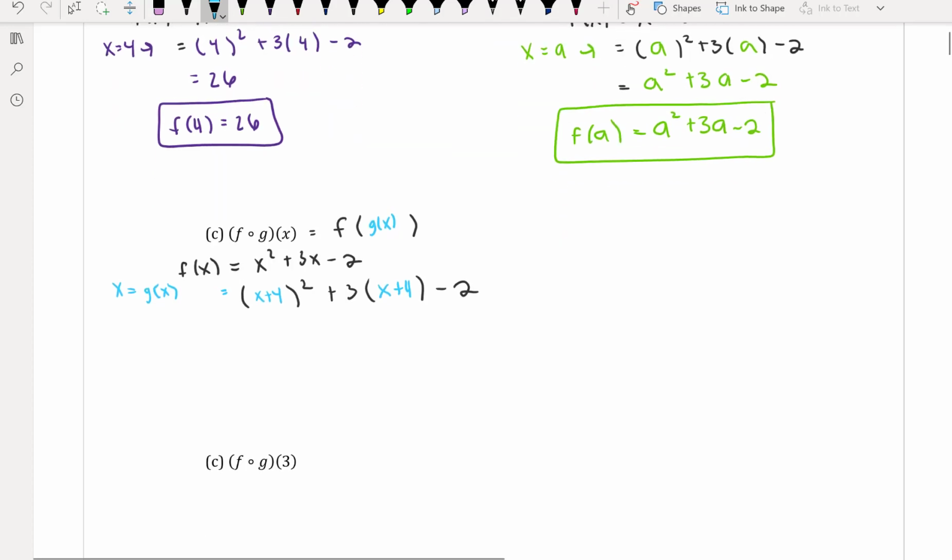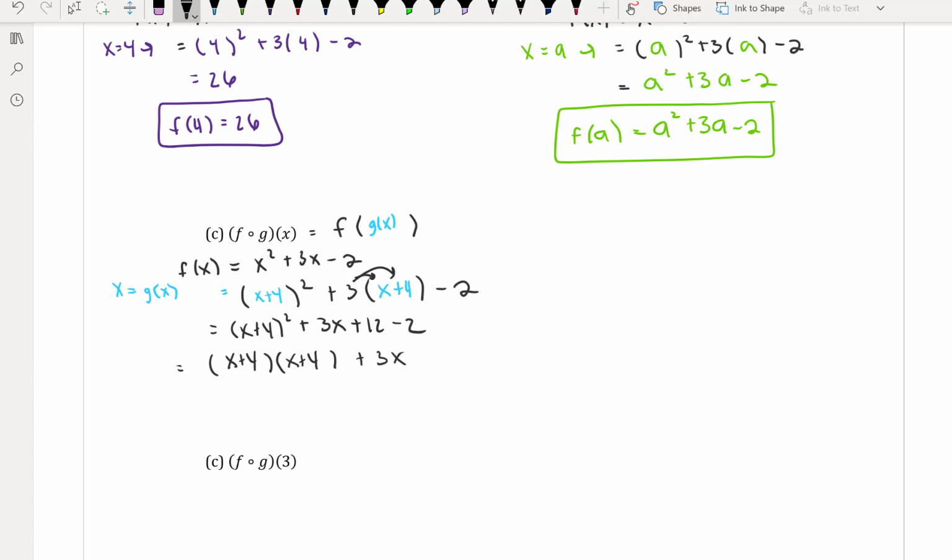So now I really have x plus 4 squared plus, and I'm going to distribute that 3: 3x plus 12 minus 2. This is telling me that I'm going to write my x plus 4 twice, and I'm also going to combine my 12 minus my 2. When I combine 12 minus 2, that's going to give me a positive 10.